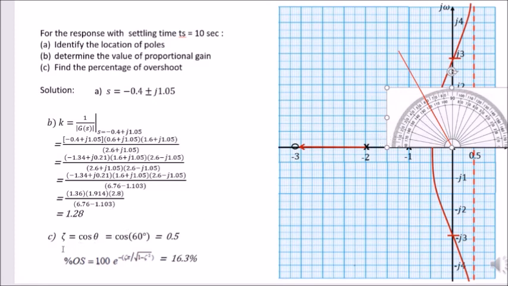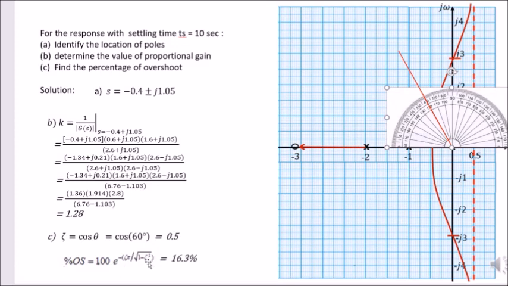To find the damping ratio zeta, we just use the formula zeta equal to cos theta. When theta is equal to 60 degrees, we put in 60 degrees and then we get zeta equal to 0.5. After we get this value of zeta, we can calculate the percentage of overshoot, which we can find based on this formula.